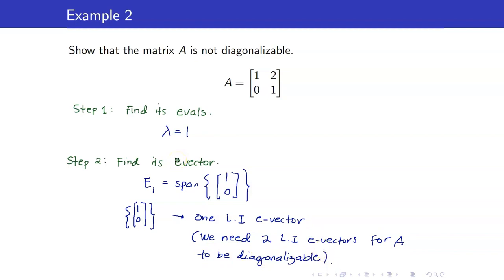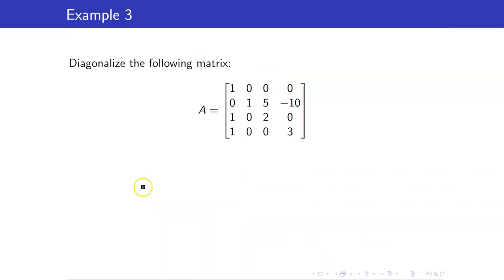So therefore, to show that a matrix is not diagonalizable, we can also proceed just like when we are proving that it is diagonalizable, except that we will stop here, wherein we will not be able to form our matrices P and D.